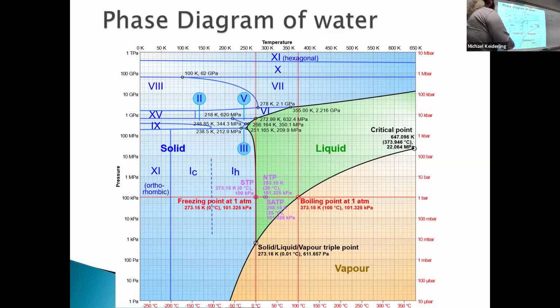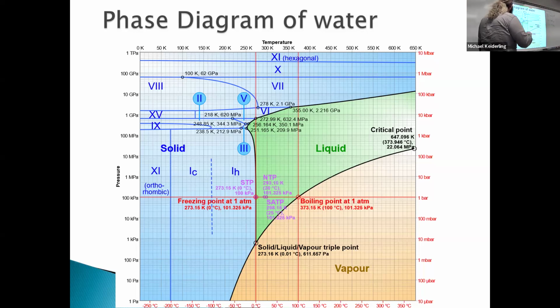And then it turns out when we look at ice, there's a whole bunch of different kinds of ice. So there are actually transitions between different types of ice. Now these all exist either at very low temperatures or at very high pressures. This is 10 atmospheres, 100 atmospheres.